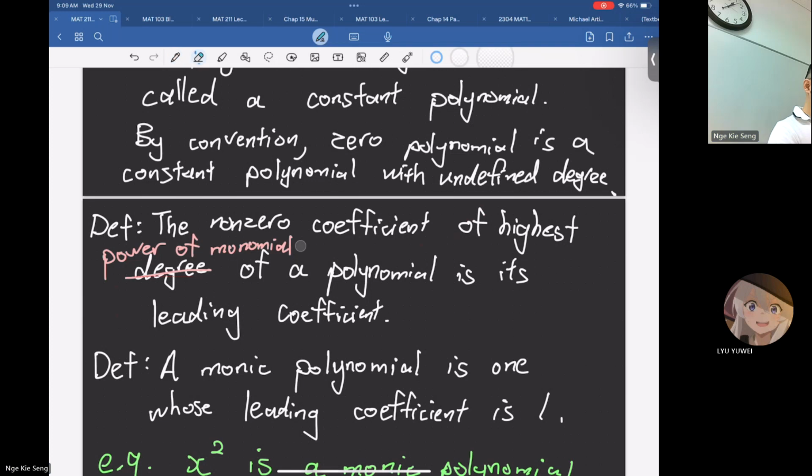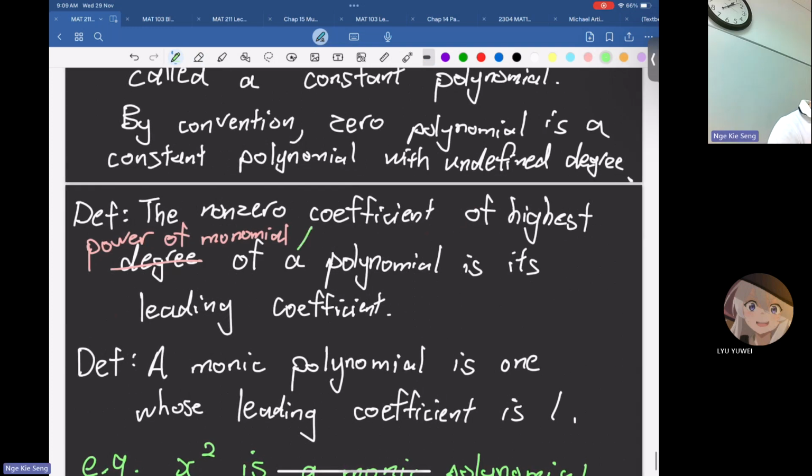Monomials of a polynomial. Or I can say it is the coefficient of the monomial. So which monomial are we looking at?